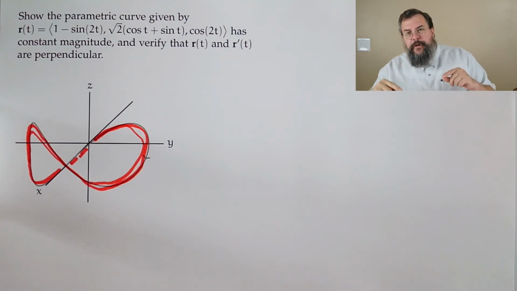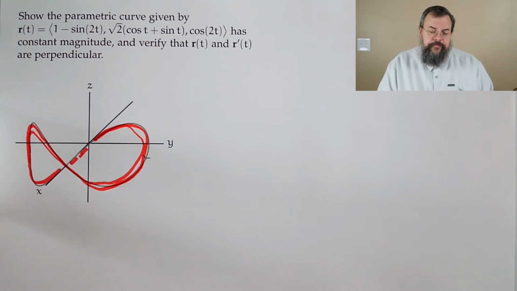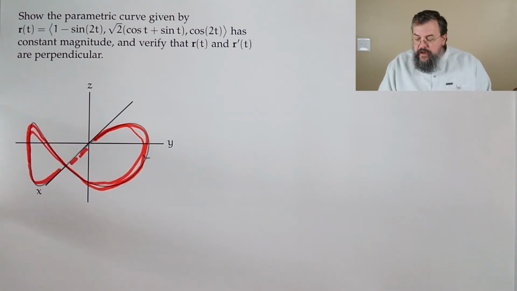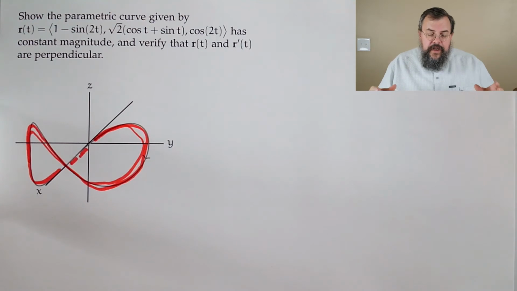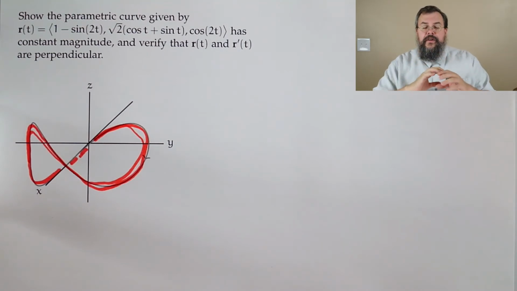So you have it sort of coming up and down and back up and back down and returning to where you started. So that's what's going on there, you have that shape. So you say, okay, all right, well, what does it mean to have constant magnitude? Well, it really means that this curve is sitting on a sphere.